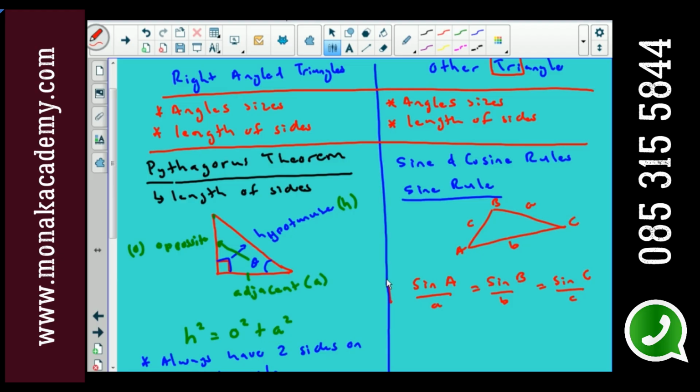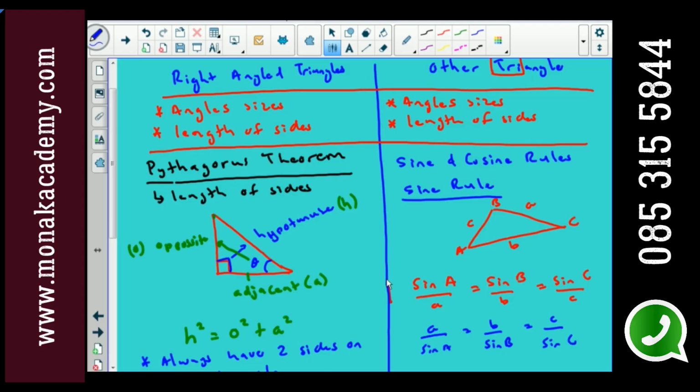You can write it in other words to say the side a over the sine of angle A is equal to the side b over the sine of angle B equals to the length of c over the sine of angle C.